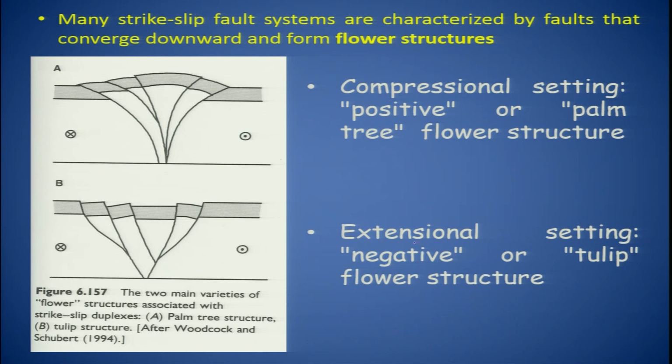In case of the extensional setting, negative flower, or we also term this as a tulip flower structure. So in this case, if you are having positive compressional, then you have palm, extensional, negative, and you have tulip flower structure.